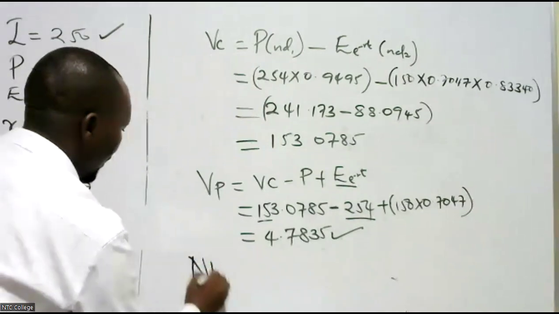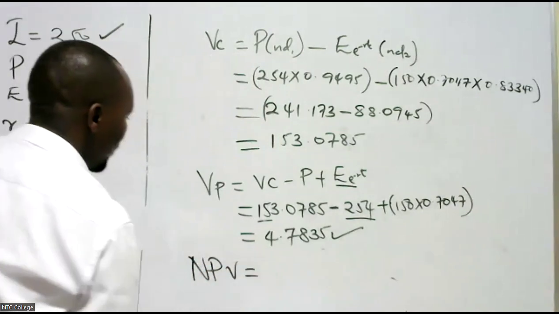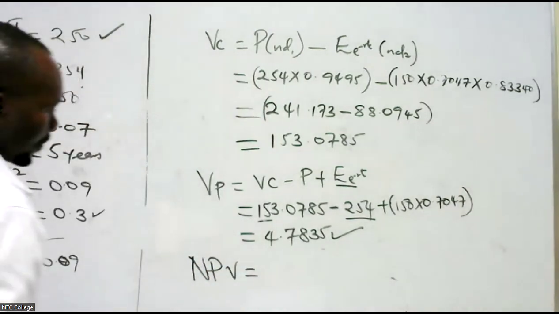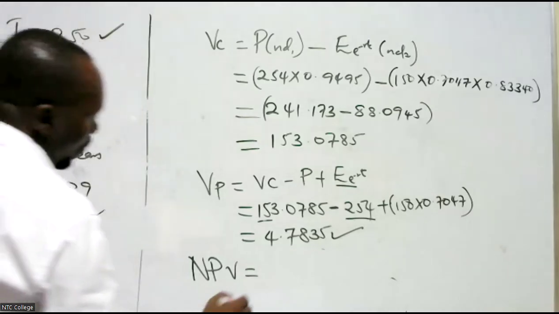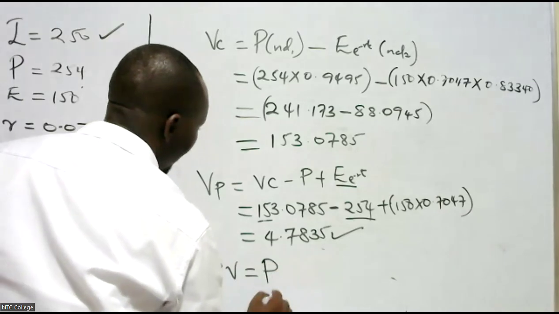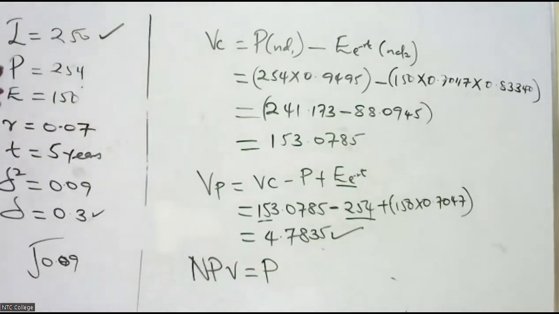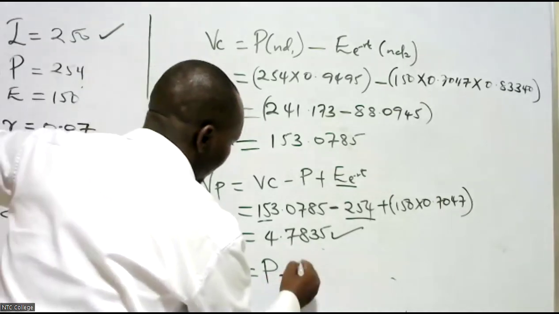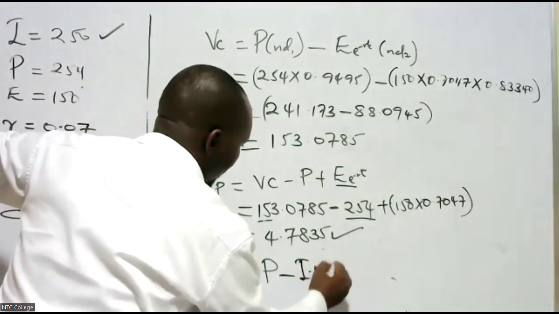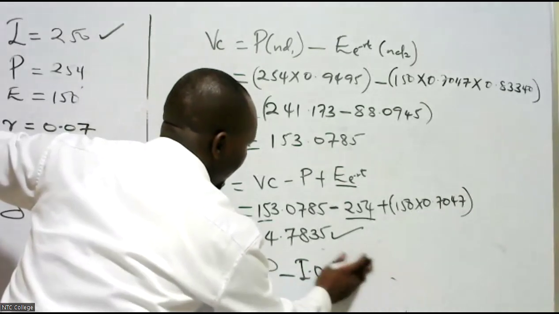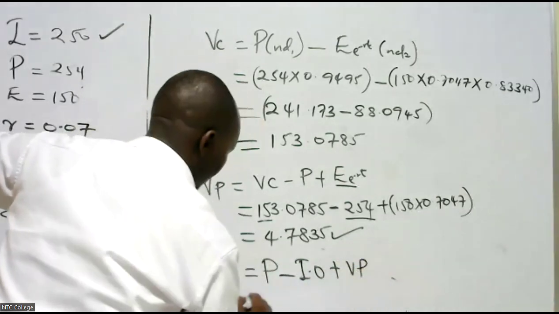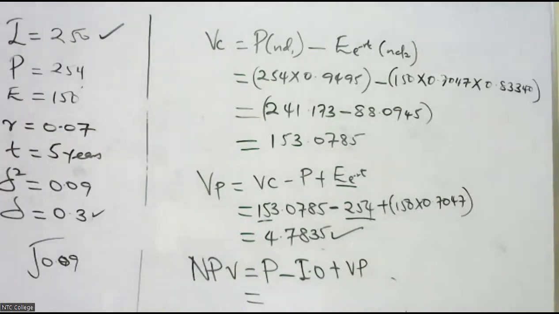So NPV is equal to P, that is the NPV of the project, that is the P minus IO plus VP. P minus IO plus VP.